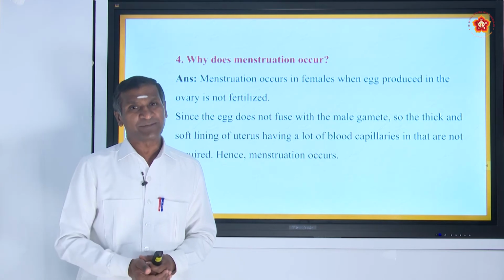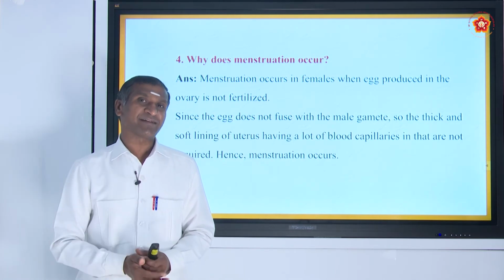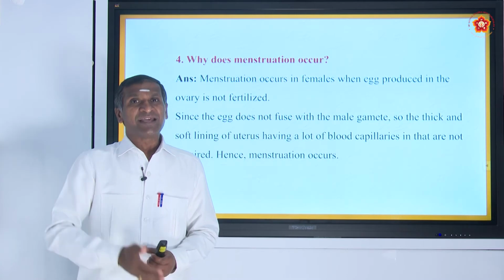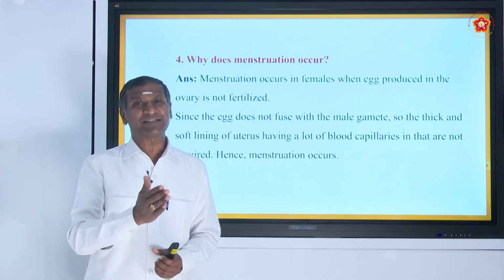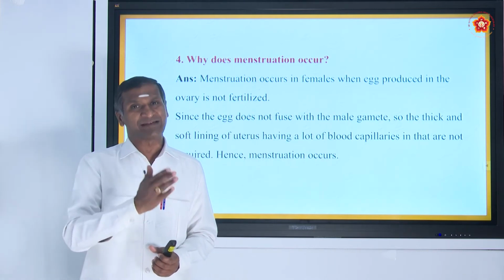In simple terms, for your better understanding, menstruation is the getting rid of unfertilized ova from the woman. When does it occur and why does it occur? It occurs when there is no fusion of the male gamete, that is the sperm, with the egg.